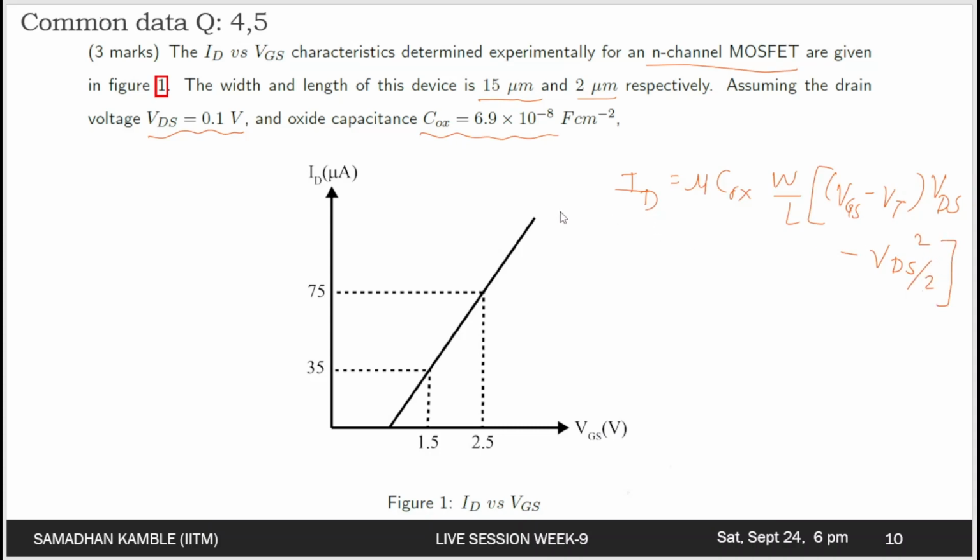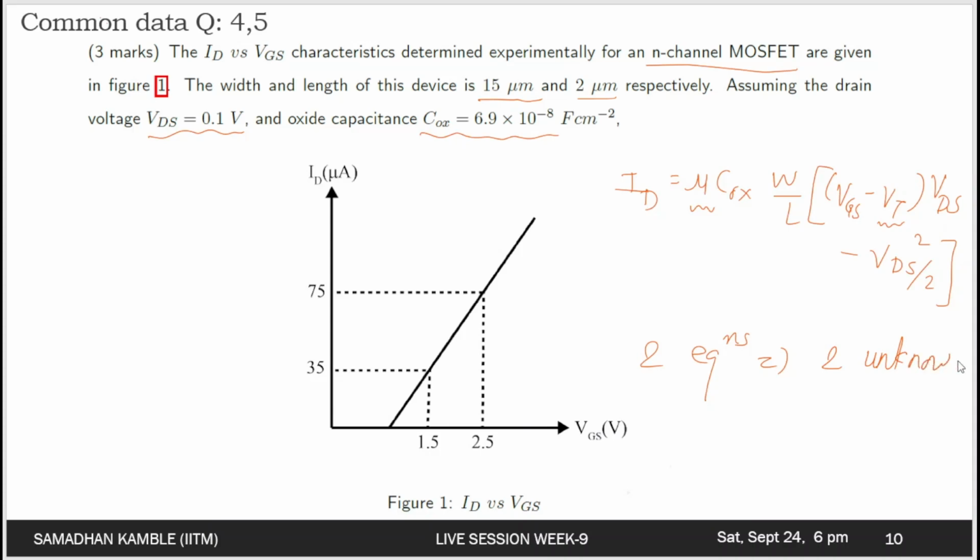We can have two equations here, because for two different values of ID and two different values of VGS we get two equations, and we have two unknowns: mobility and the threshold voltage. So two equations, two unknowns.